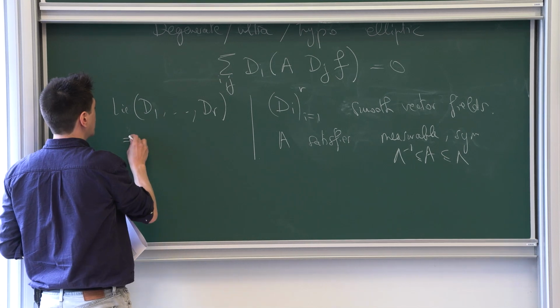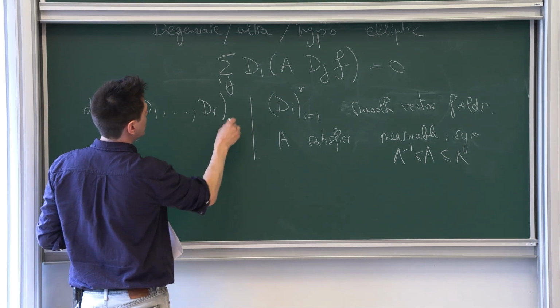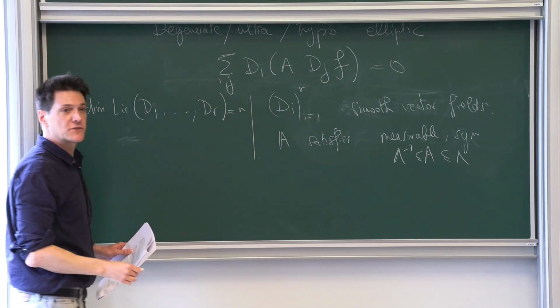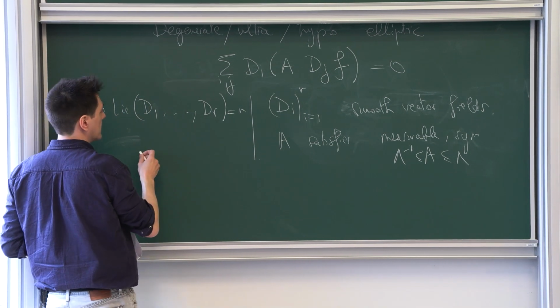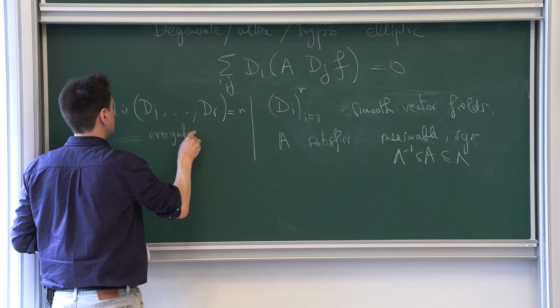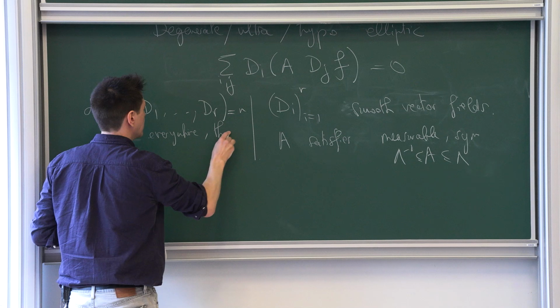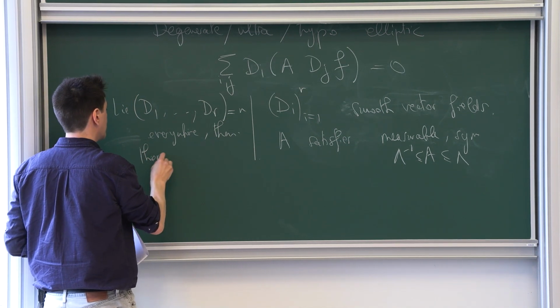Okay, and if your Lie algebra has full rank, so I forgot, I think it was a little n, the dimension of my space. If your Lie algebra has full rank everywhere, then the theory was extended. The theory extends.